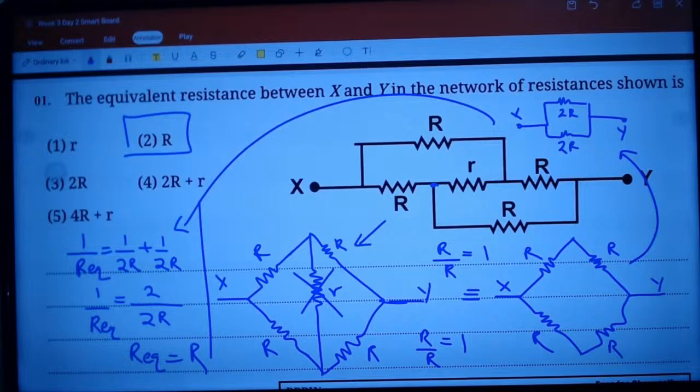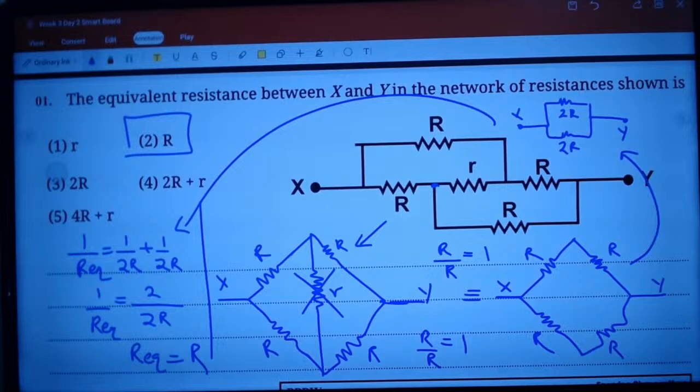Write the small sentence. This is a Wheatstone bridge configuration.